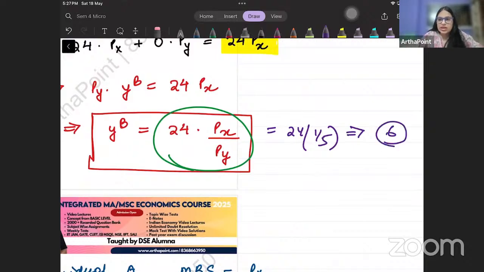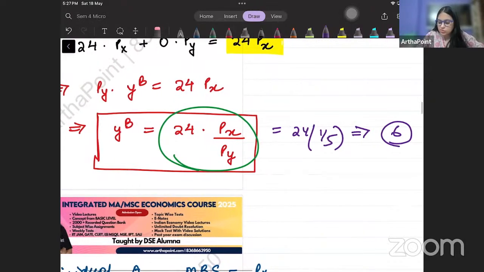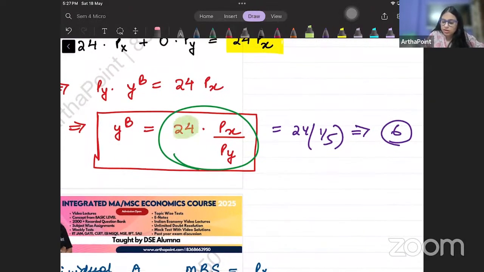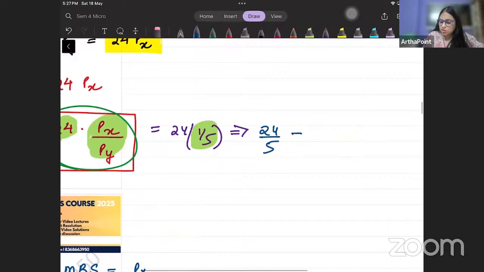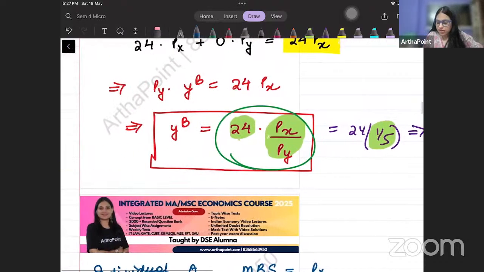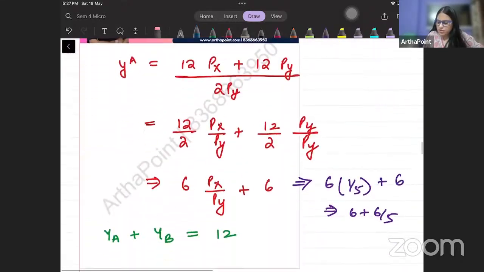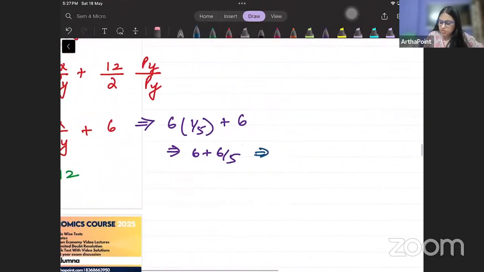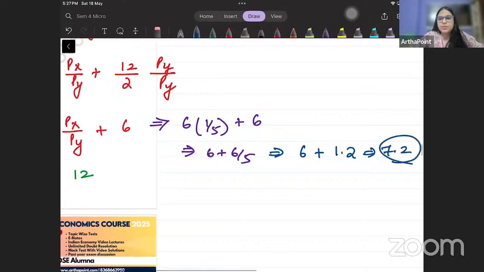Px by py is 1 by 5. So not 6, sorry, it will be approximately 4 point something units. 24 into 1 by 5 is 4.8 units, right? And this will turn out to be 6 plus 1.2, so 7.2 units, right?